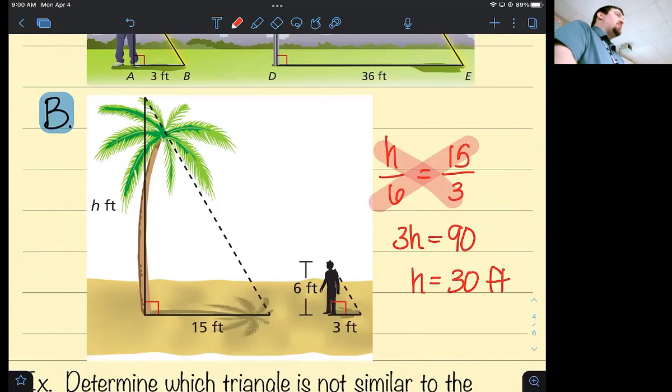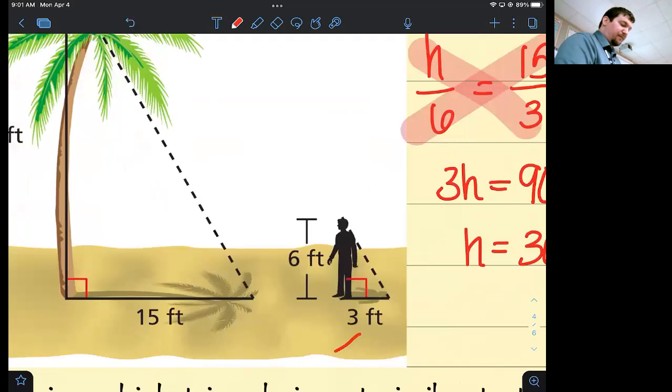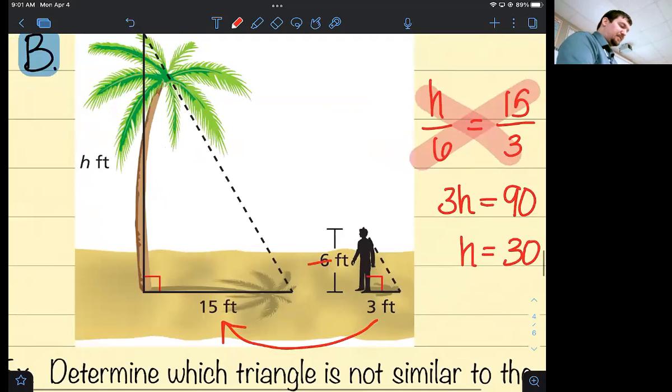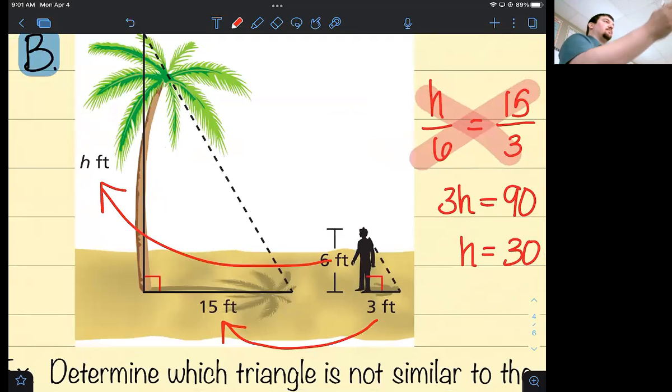Could I have done that without having to use a proportion? Could mental math have worked? It could have on this one. Now, could you tell that they were timesing by 5 to get from 3 to 15? So 6 times 5 gives you 30.